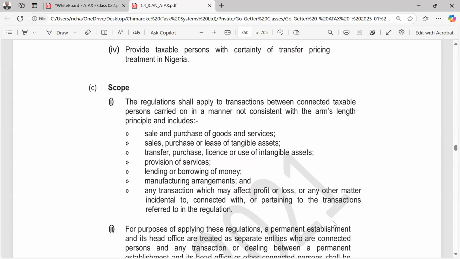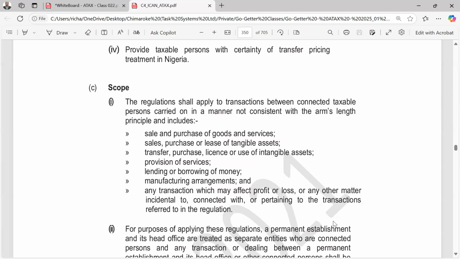So those kinds of things, you have now carried out a business in a manner that is not consistent with arm's length. And so these regulations apply to those transactions that are not conducted with arm's length principles.